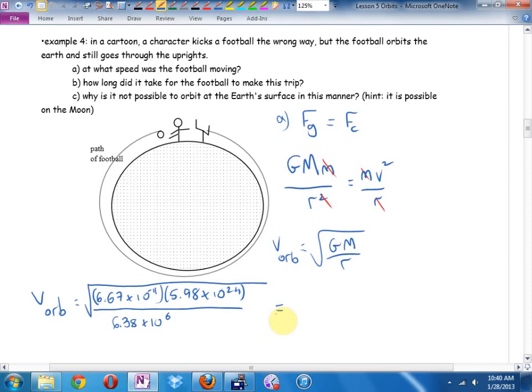I recommend multiplying everything, dividing, enter, and then square your answer. What'd you get? 7,900? 79 what? 7906? Yes. 7.9 times 10 to the 3rd meters per second. See if you can get that. It's just below 8,000, about 8,000 meters a second.